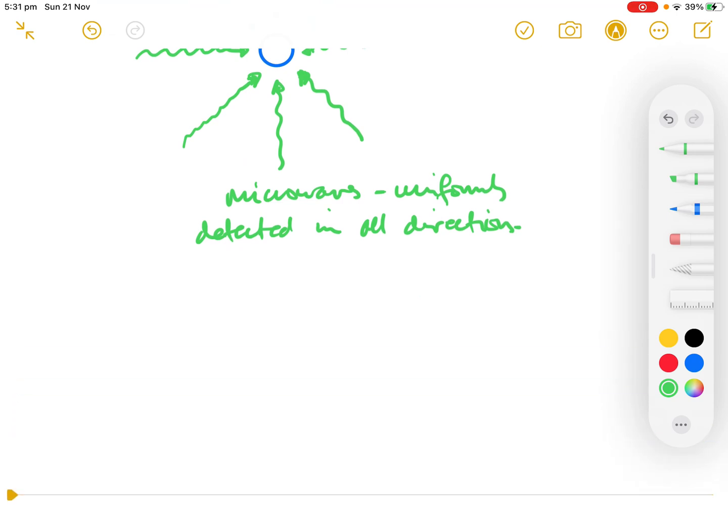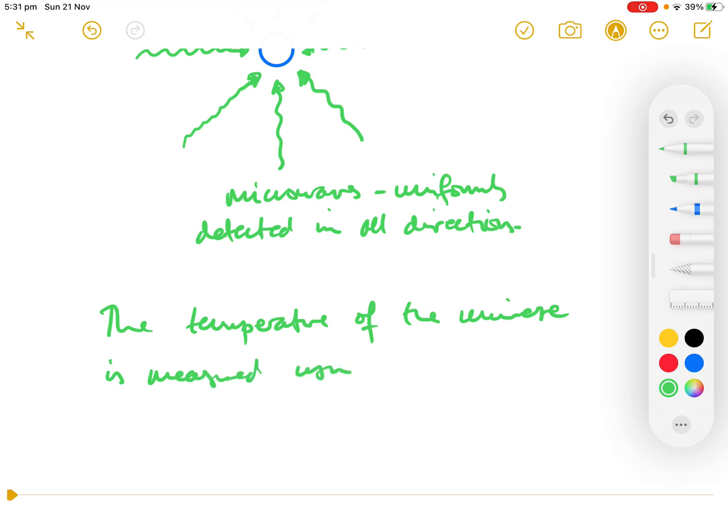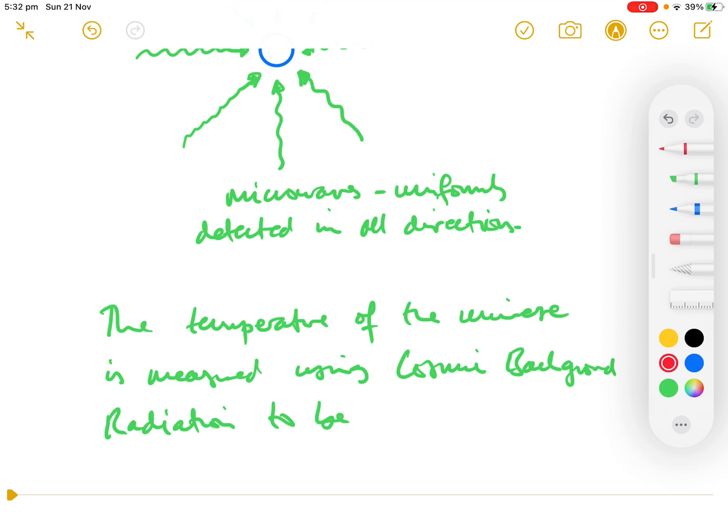It turns out that the temperature of the universe, measured using cosmic background radiation, is about 2.7 Kelvin.